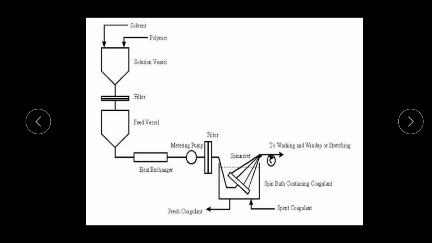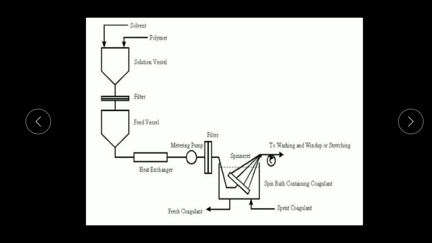Once the moisture is removed, the polymer materials are fed into filter 2, which maintains the dryness of the polymer materials by removing the moisture content left over in the heat exchanger.